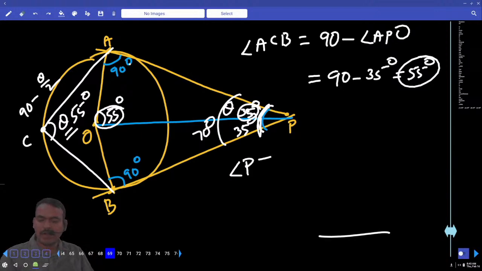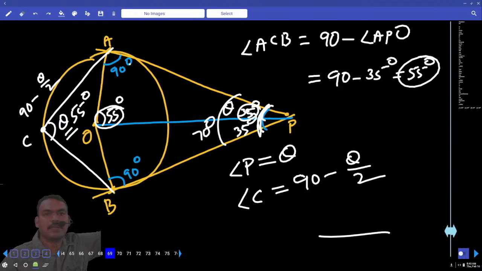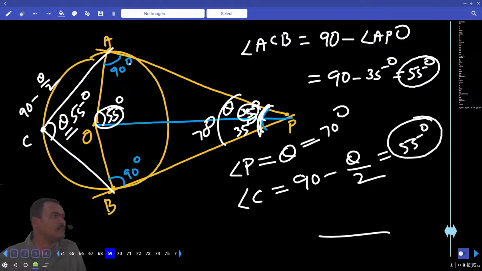Angle P value is theta, then angle C value is how much? 90 minus theta by 2 or not? What is the P half value? 35. Total value 70. Means P value is how much? 70 degrees. Then angle C value is 90 minus 70 by 2. How much? 55 degrees or not?